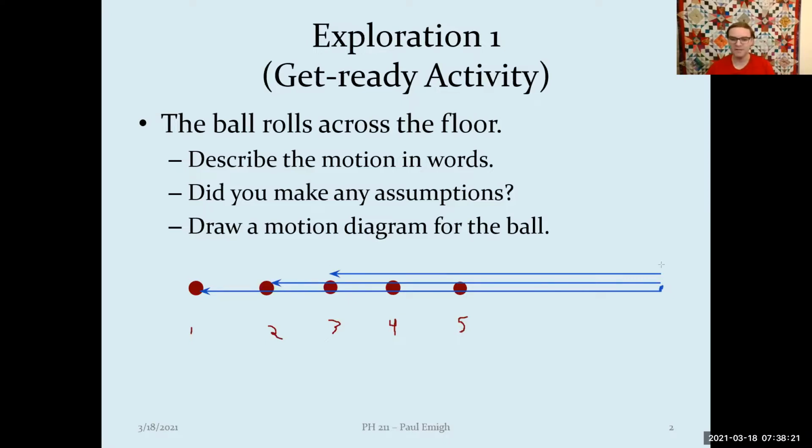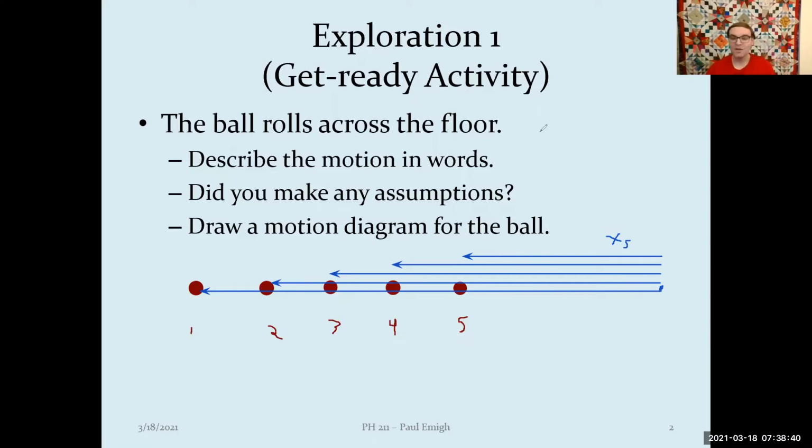And you'll note that I'm shifting these a little bit so they don't overlap with each other, since this I've assumed is a 1D problem. So those would all be vectors describing the position of the ball at different times. And I could label those if I wanted to, right? This one would be X5, for example.